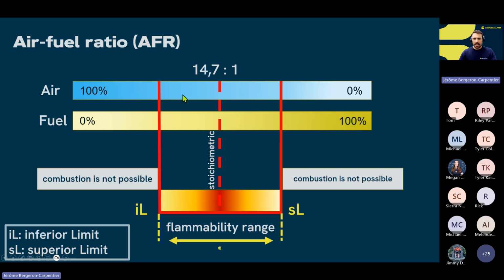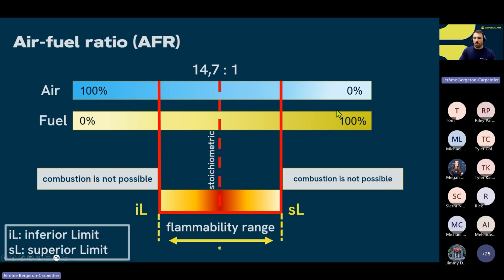And as we can see here in the diagram, we have that flammability range where the mixture can light up and create combustion in our engine and make our vehicle move, right? We have our inferior limit here where combustion is not possible, and the superior limit on the right, where again combustion is not possible.